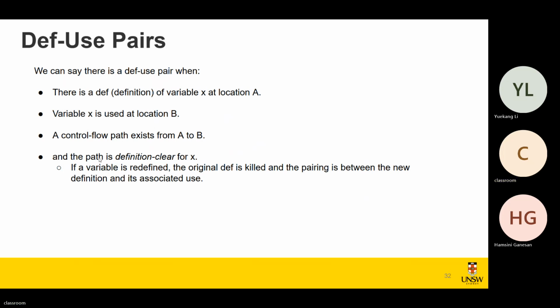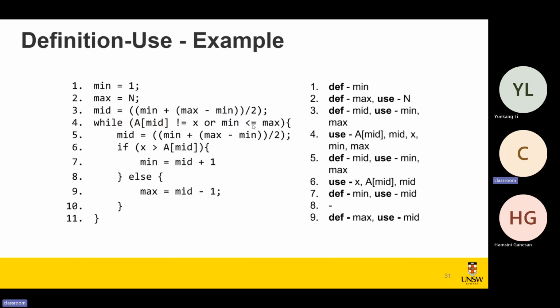And the path should be definition-clear for x, which means that in the execution from A to B, there shouldn't be another definition of x in between A and B. This is because we can reassign and update values of variables.